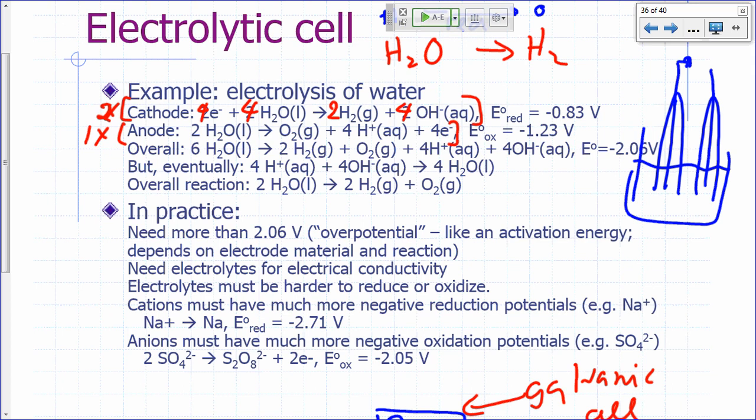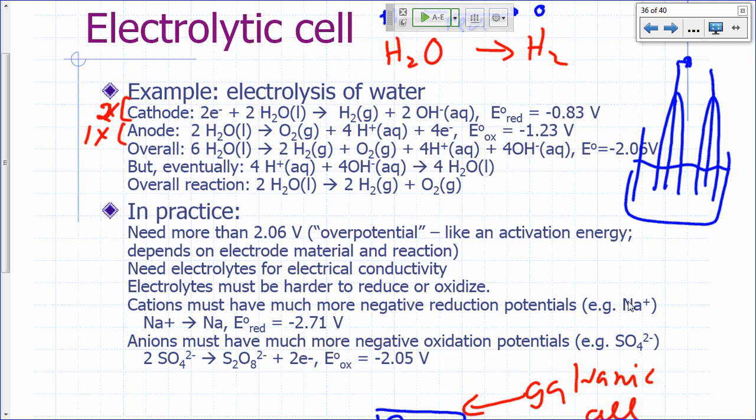So the overall reaction would be 4 waters plus 2 waters, which gives you 6 H2O. Your 4 electrons are going to cancel out. And then you have O2 on the right-hand side, 2 H2, and 4 H plus and 4 hydroxide on the right-hand side. So what eventually happens is this.